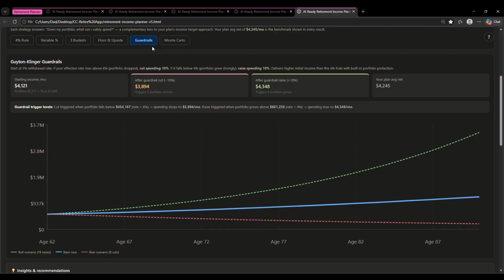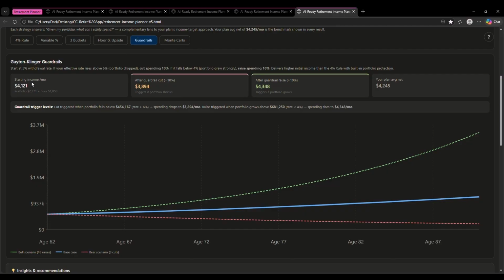Guardrails thread this needle. You start at 5%, higher than the 4% rule, but with 2 automatic safety valves. If markets fall enough that your withdrawal rate creeps above 6% of remaining portfolio, you cut spending 10%. If markets grow so strongly that your rate drops below 4%, you give yourself a 10% raise.